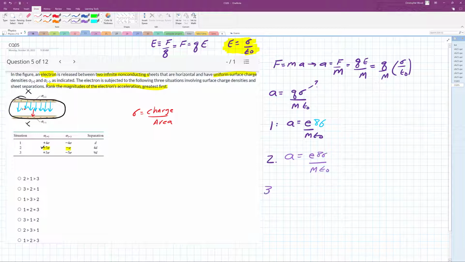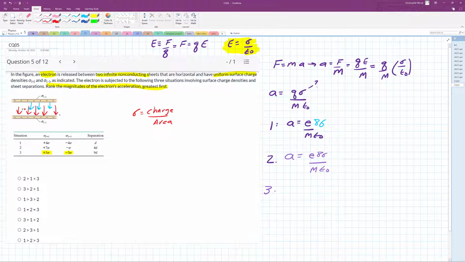For situation number 3, the positive plate has a surface charge density of 3 sigma. My negative plate has a surface charge density of -5 sigma. So for the top plate, 1, 2, 3, and for the bottom negatively charged plate, 1, 2, 3, 4, 5.